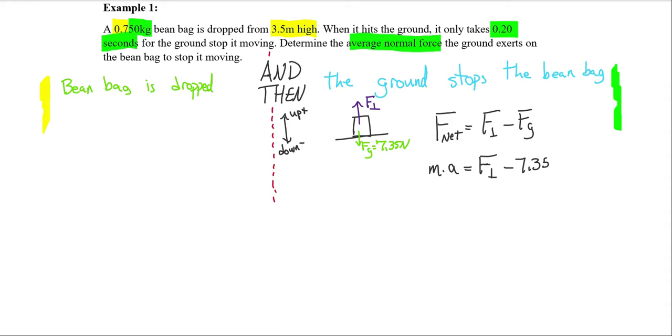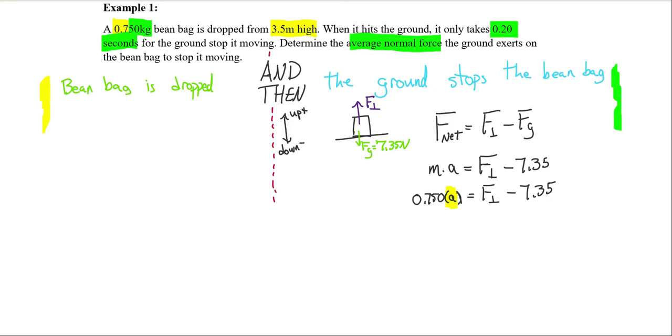The mass is actually something we already know as well. So I should rewrite this whole formula like this: 0.75 times a equals the normal force minus 7.35. Now we want to find the normal force, but it looks like my acceleration is my unknown still. So if I find a way to determine my acceleration, that will help me solve for this problem.